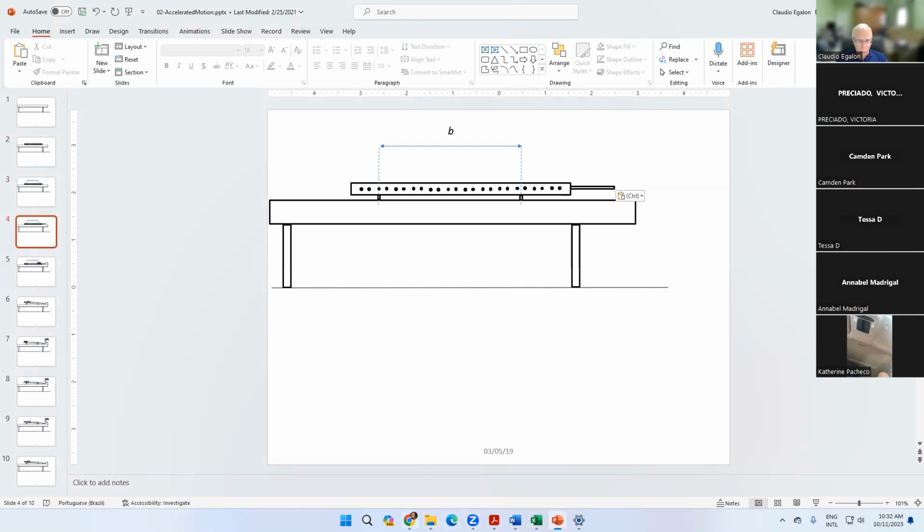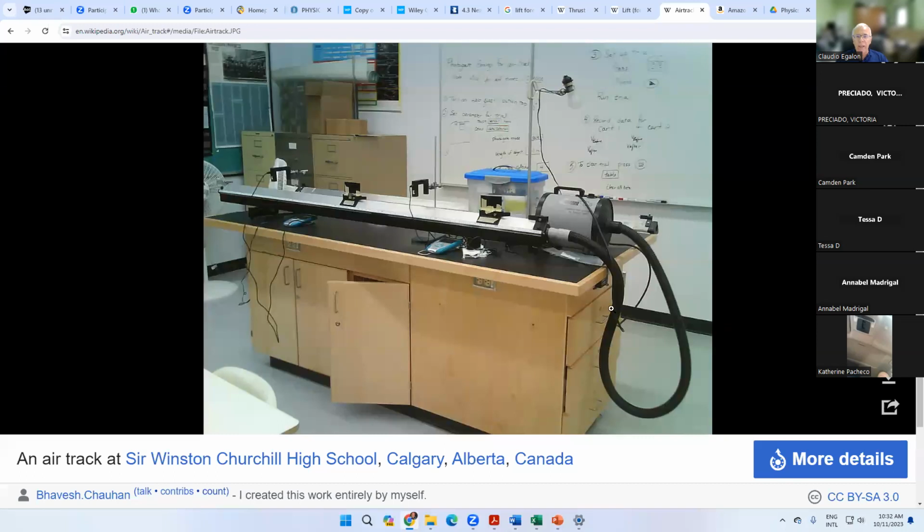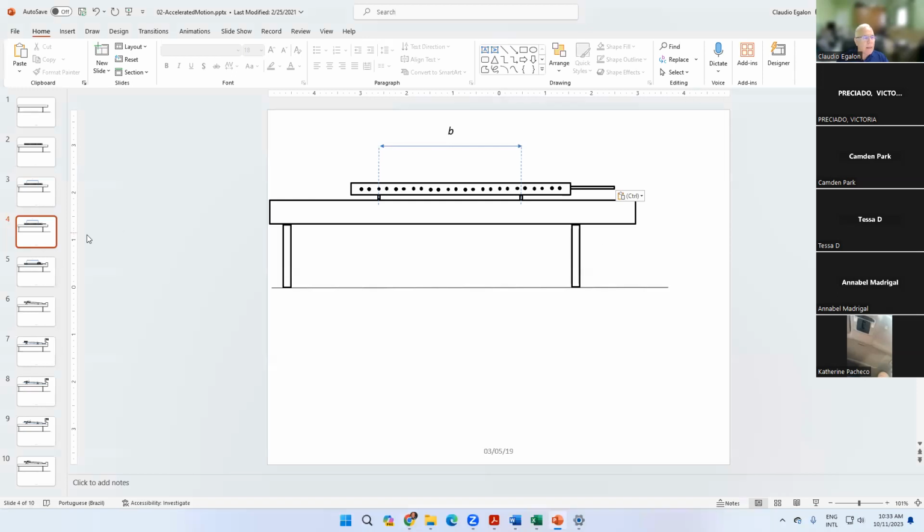You can see the holes right now. And by the way, the hose connects to a nozzle. I didn't illustrate the nozzle in my drawing, but I can do that.